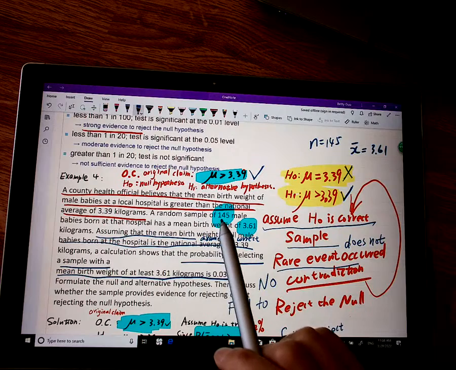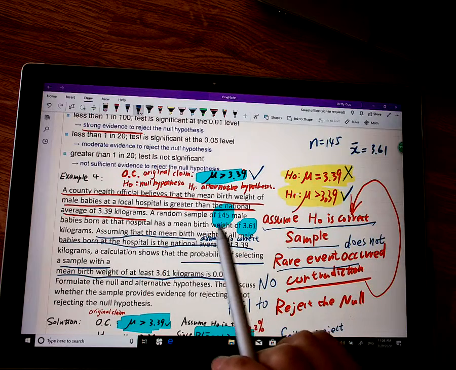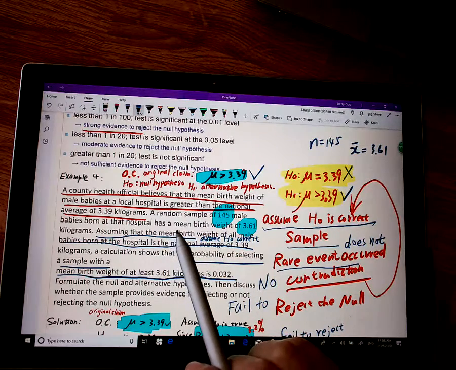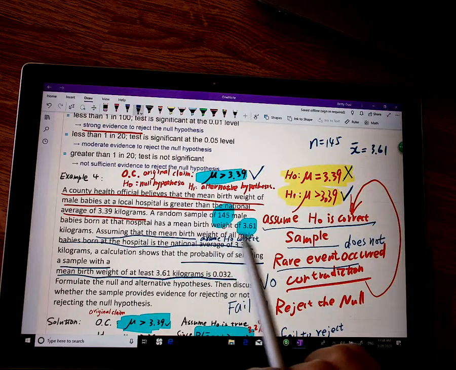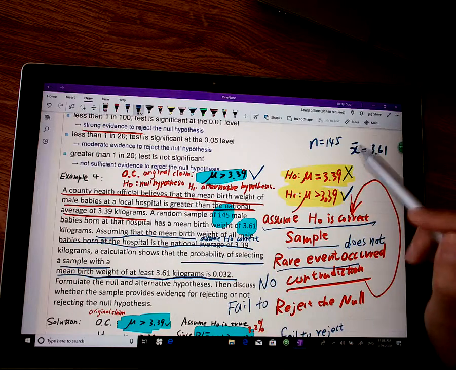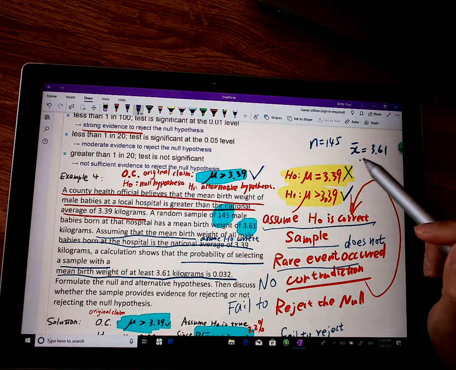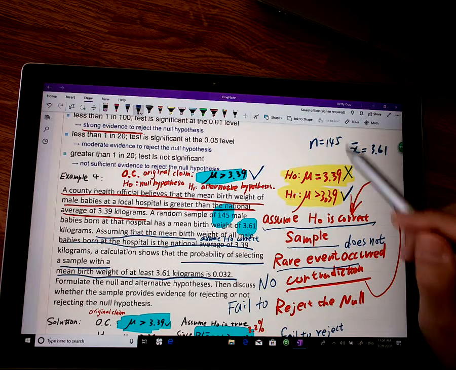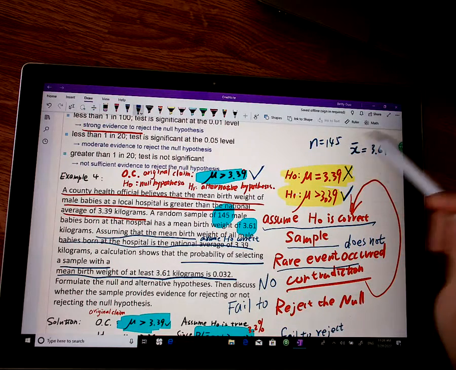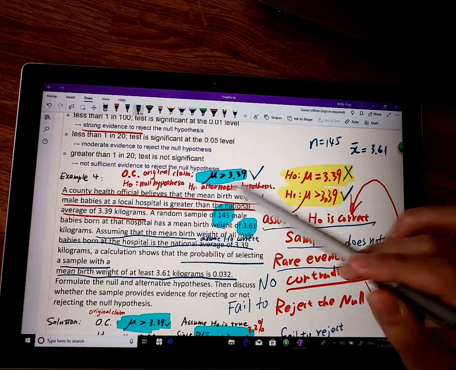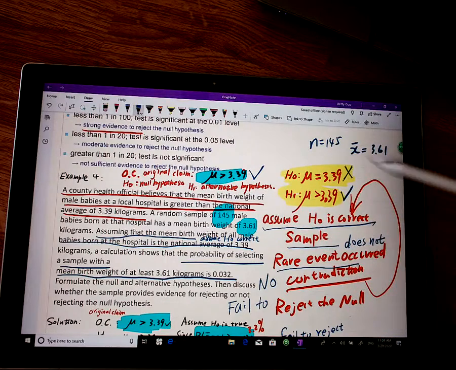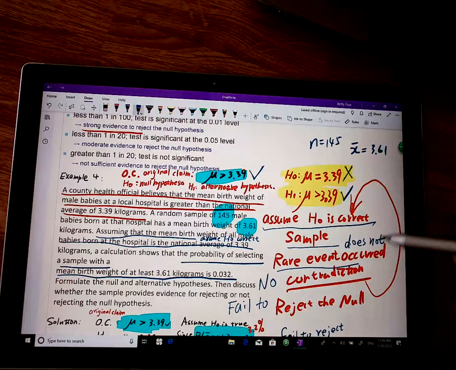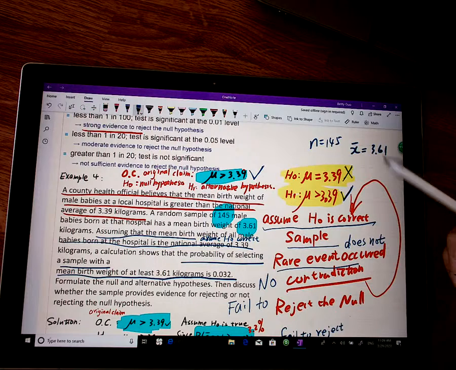That tells us the sample mean, which is the sample statistic. We use the sample mean to estimate the population mean. So here the sample mean is 3.61.